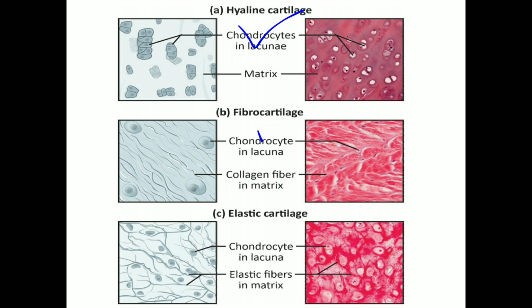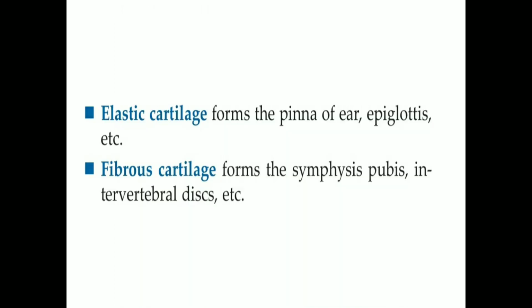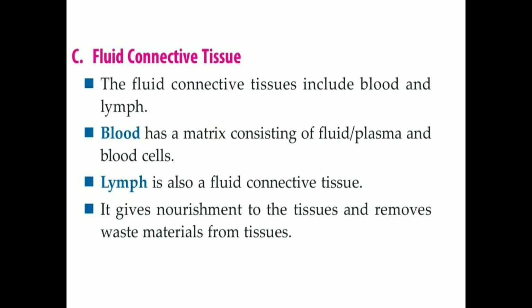Elastic cartilage forms the pinna of the ear, and the outer part of the epiglottis is also formed of elastic cartilage. Fibrocartilage forms the symphysis pubis, where the pubic bones are attached, and the intervertebral discs are also formed of fibrocartilage.